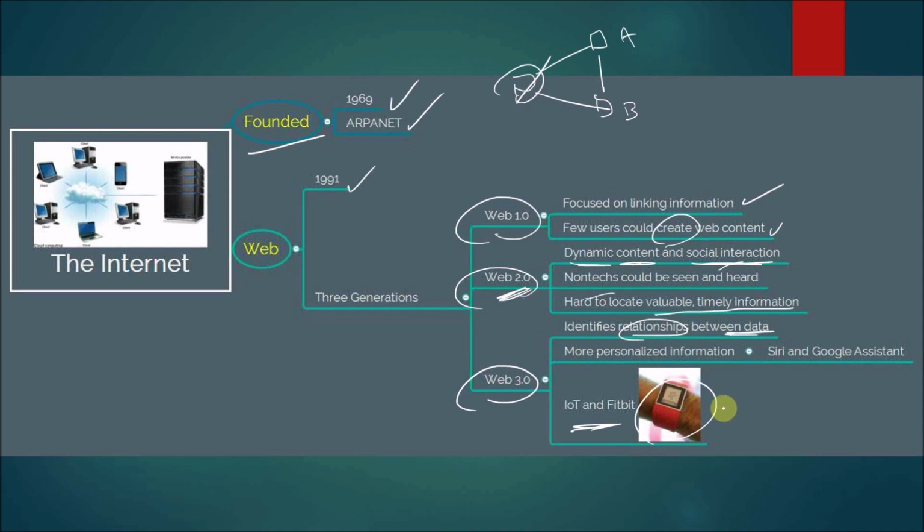All right, where you're working out, it's tracking your steps, it's tracking your heartbeat, and it's sharing that information again with a server, which may have information about your particular demographics and how you compare to that, and send that back to you saying, hey, your pulse rate is below or above what it should be based upon someone of your age, height, weight, etc. Other examples of Web 3.0 where you have personalized information would be Siri and Google Assistant updating you on your calendar events, etc.